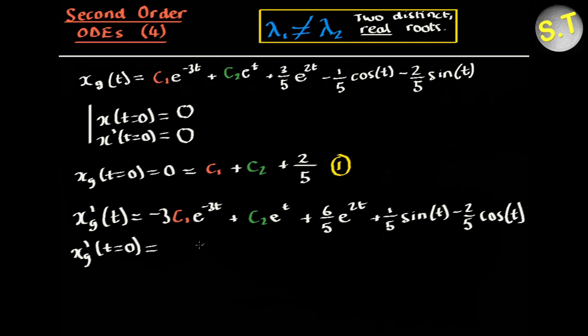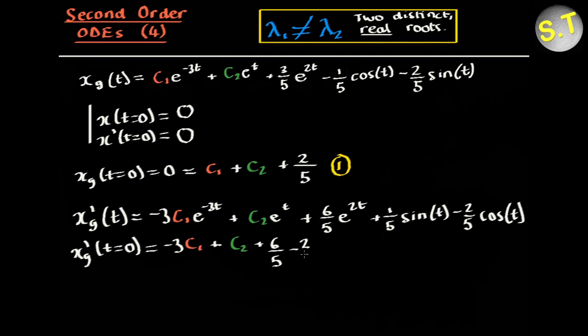So this would be minus 3c1 times 1, so e to the 0 is 1, so we would have minus 3c1, and same again, we'd have plus c2, plus 6/5 times 1, and since the sine of 0 is 0, we lose this term here, and the cosine of 0 is 1, so we would retain this minus 2/5 here.